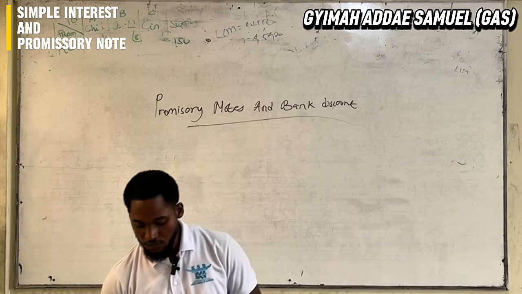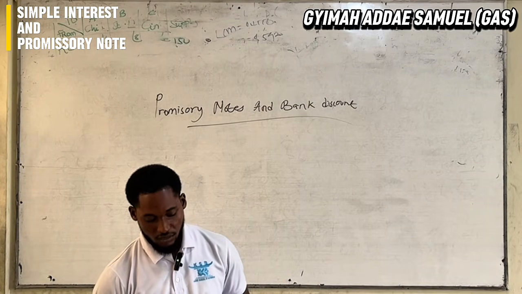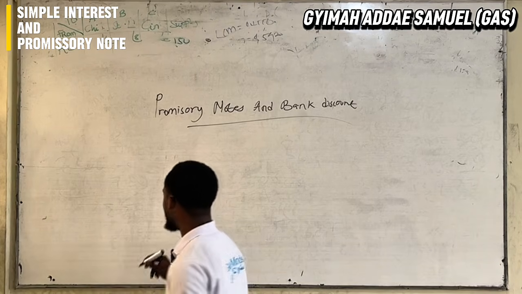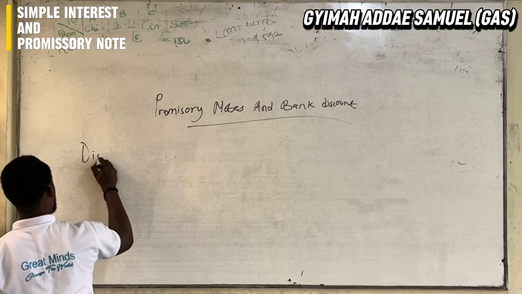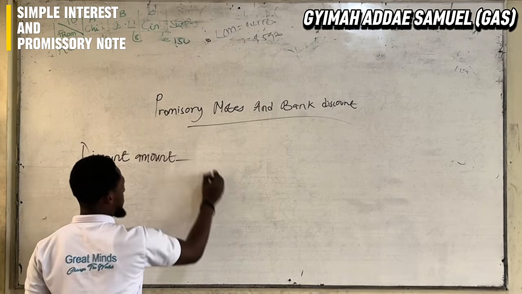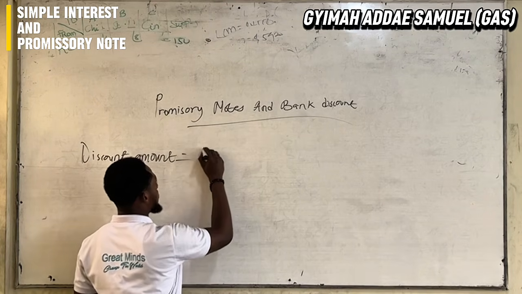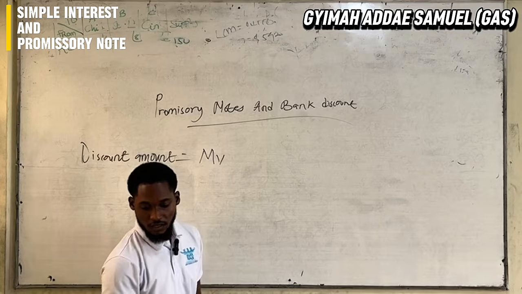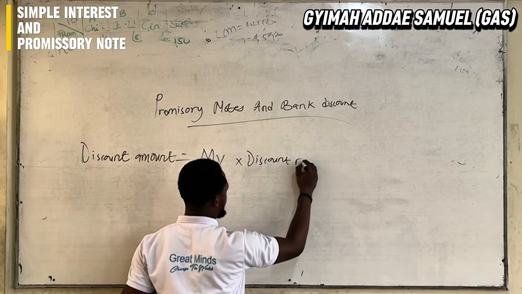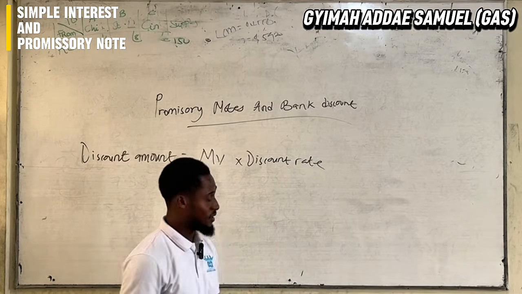So the question is asking us to determine the discount amount. First of all, the discount amount follows a formula, and the formula is maturity value times the discount rate times discount period.